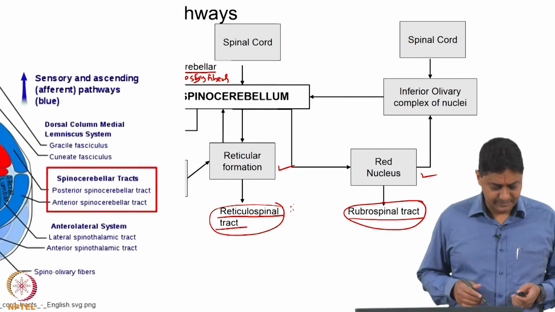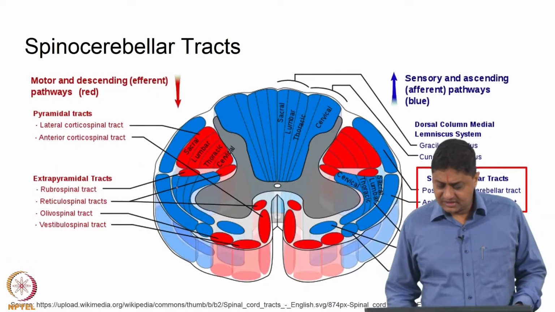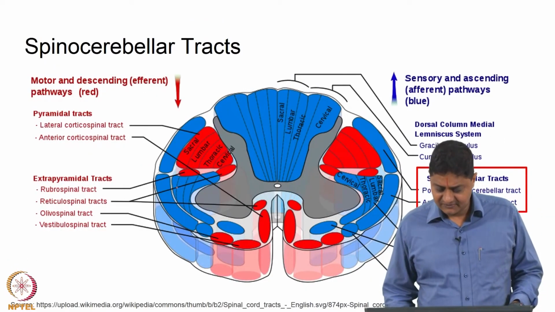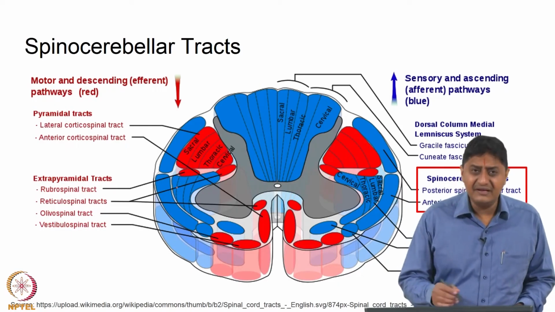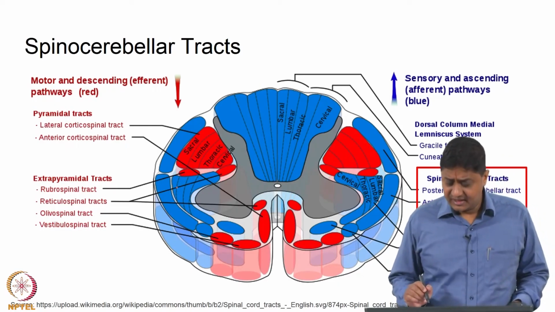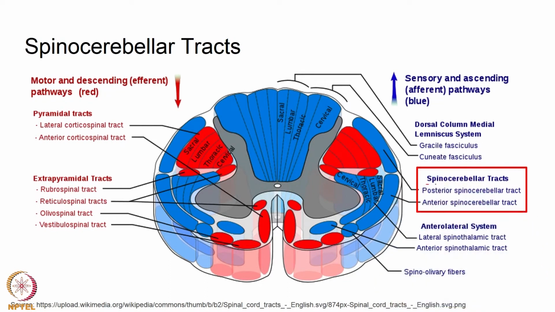So, what are the spinocerebellar tracts that we are talking about? What is presented here is one representation of multiple inputs and outputs. Here we are concerned only about the spinocerebellar tracts. This is the posterior spinocerebellar tract, and this is the anterior spinocerebellar tract.